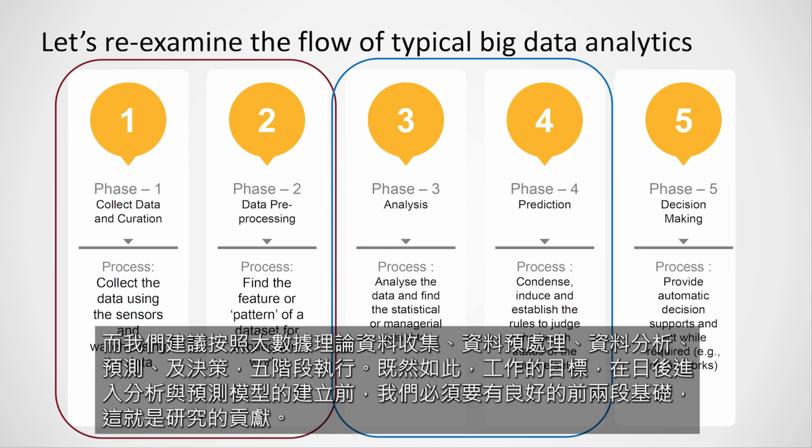And what we do in this study is the red box. The red box shows the focus of this study, which is from phase 1 to phase 2. So if we do these phases well, phase 3 and phase 4 can be launched in the future on a solid basis, which is our next study.